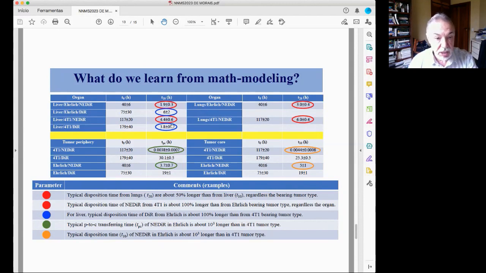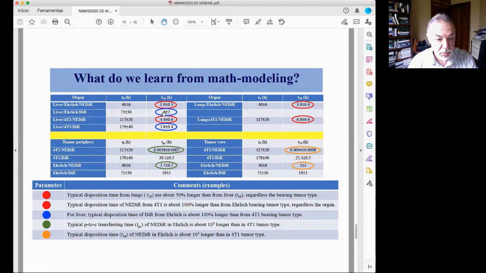At the same time, you can see this not only for the nanoemulsion formulation, but also for the free infrared dye, and not only for the Ehrlich tumor, but also for the 4T1 tumor. Again, the disposition time from liver and lung: the lung is roughly 50% longer.